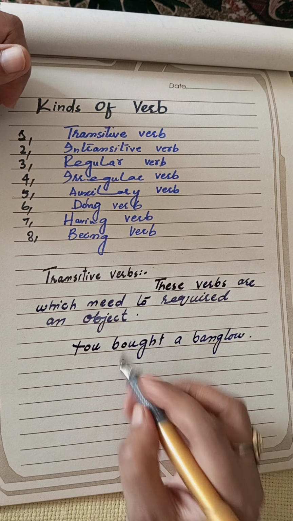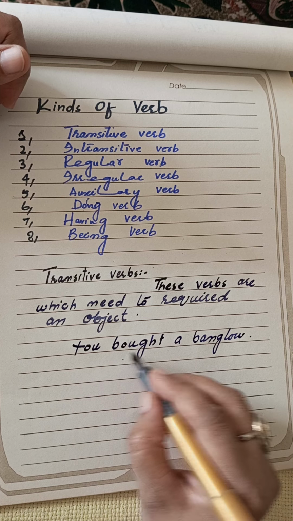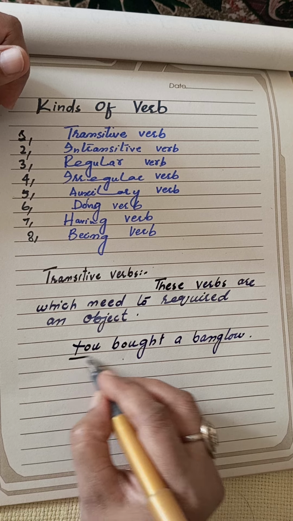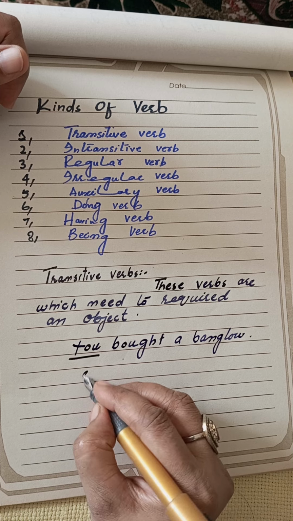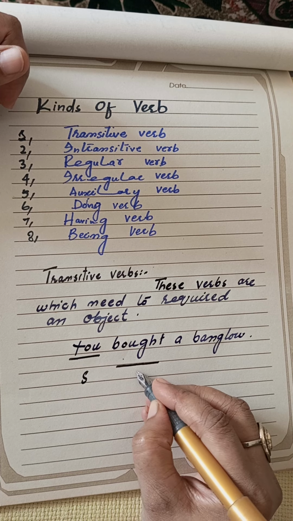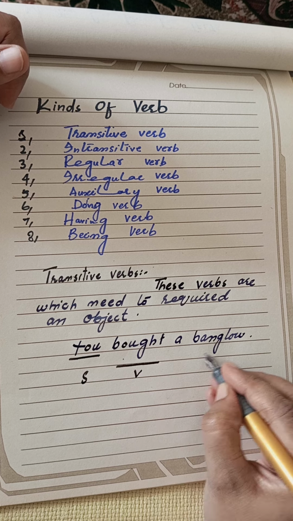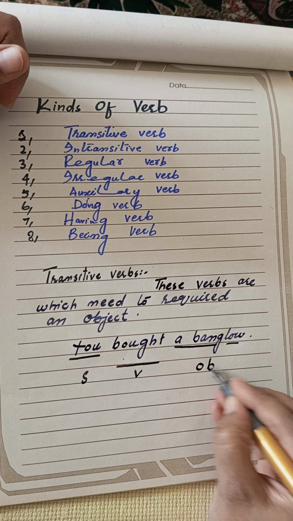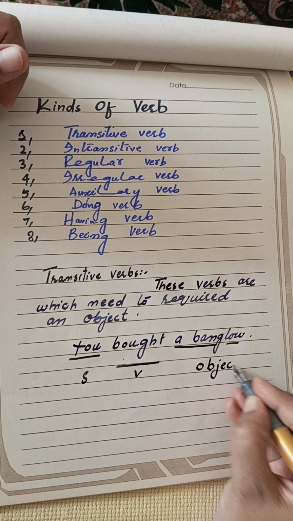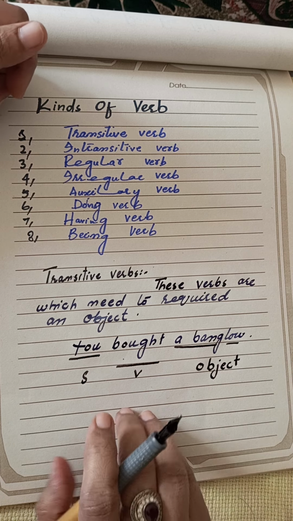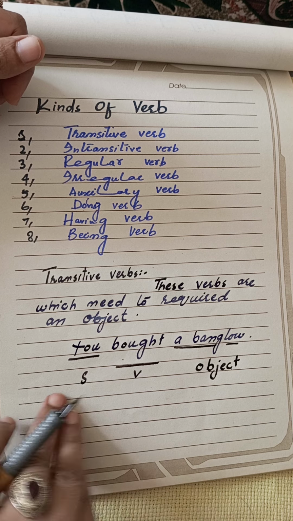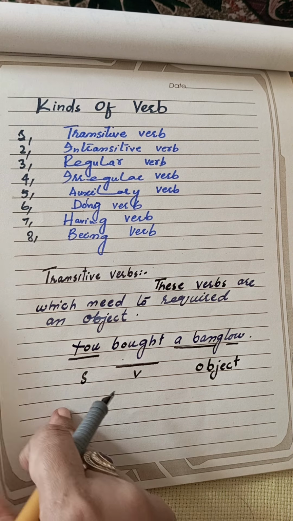Okay, here is: you bought a bungalow. You is the subject, bought is the verb, and a bungalow is the object. So requiring an object is called the transitive verbs. So let's discuss intransitive verbs.